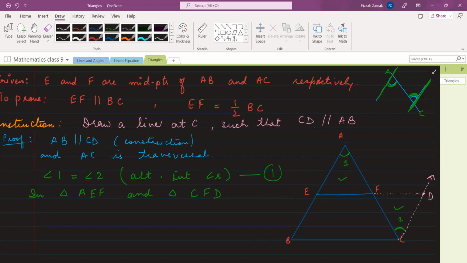Understand? Right? Okay. So three things. What can I write here, Jaslyn? So first of all, I can say angle 1 is equal to angle 2, which I have just proved. Right? Yes. Okay. Then what else I have here?